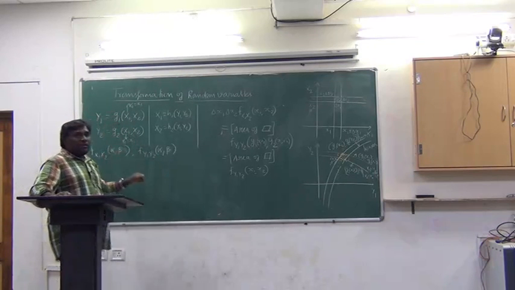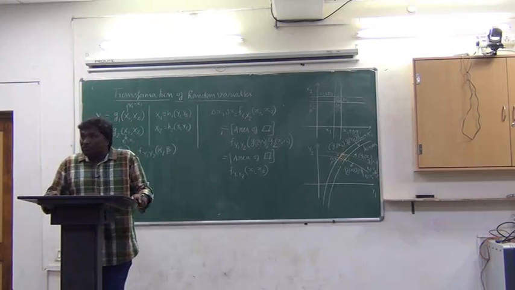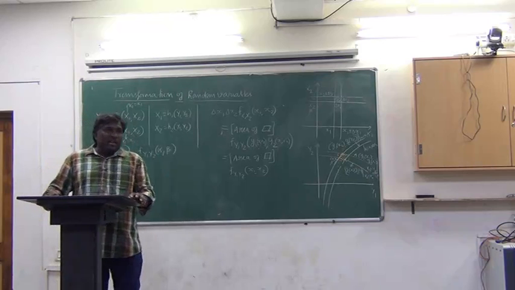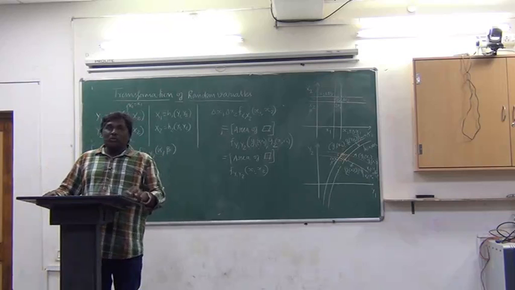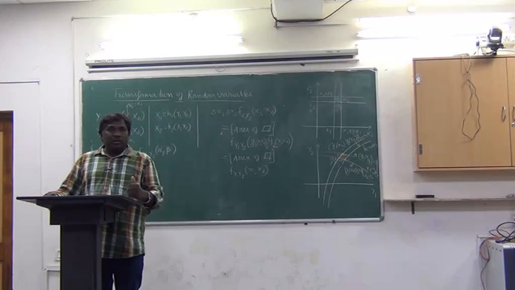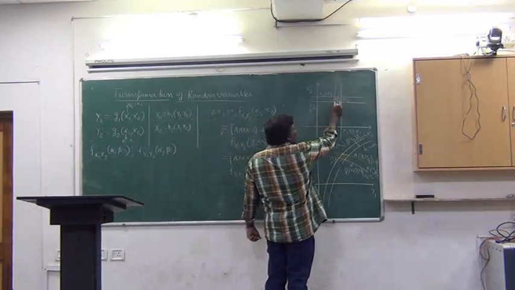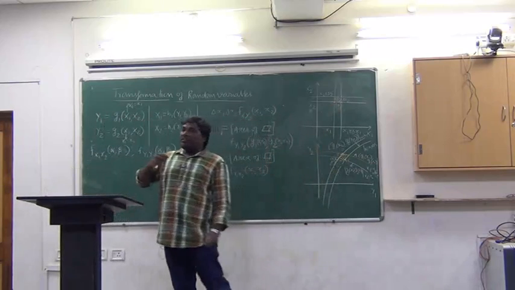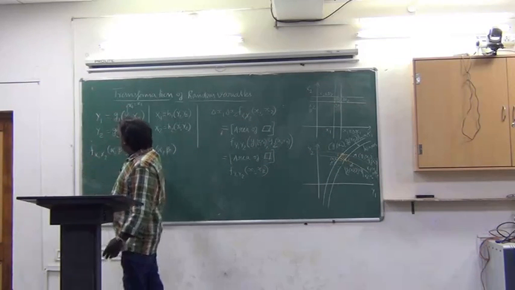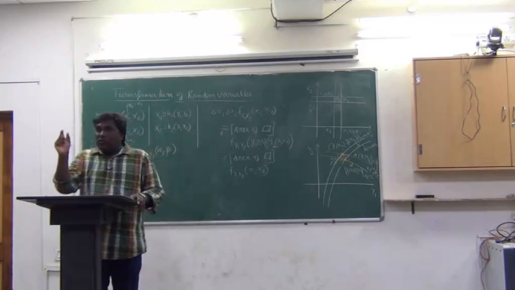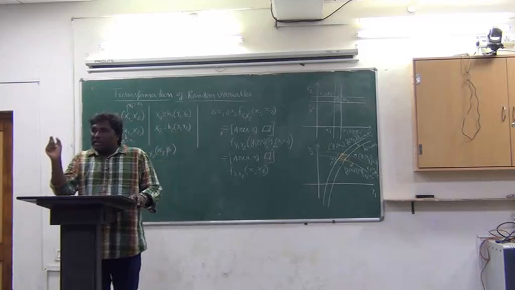It is dou g1 by dou x1. It is the rate at which g1 is changing with respect to x1. But the actual change happening here is delta x1. The rate of change is dou g1 by dou x1, and the actual changeover is delta x1.